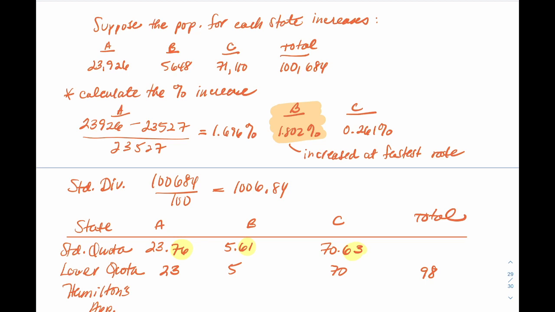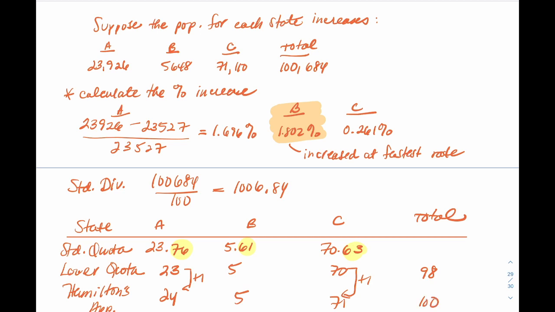So the highest ones get the extra. State A and state B have the highest fractional part, so we're just going to add 1 to each of those. State A would now have 24, state B stays 5, and state C is 71. And then when you add that up, you get 100.